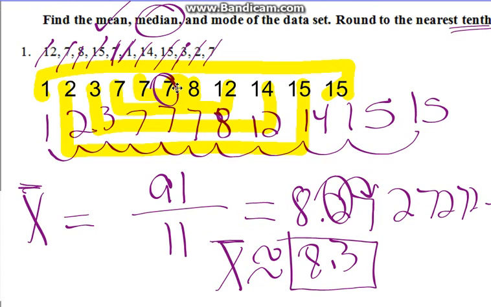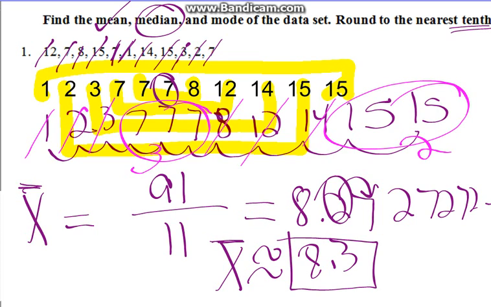Now the next thing we want to find is the mode. What occurs the most often? When we look at how many times each number occurs, 1 occurs once, 2 occurs once, 3 occurs once, 7 occurs 3 times, 8 occurs once, 12 once, 14 once, and 15 is 2 times.